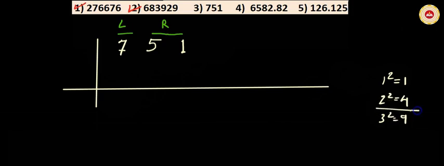So 2 squared is 4. We have to consider this because 4 is nearest to 7 but less than 7. 9 we cannot consider because it is greater than 7. So consider 4. 1 is also less than 7 but it is not nearest. So let us write 2 here. 2 is the first digit in the answer, the left-sided digit in the answer.